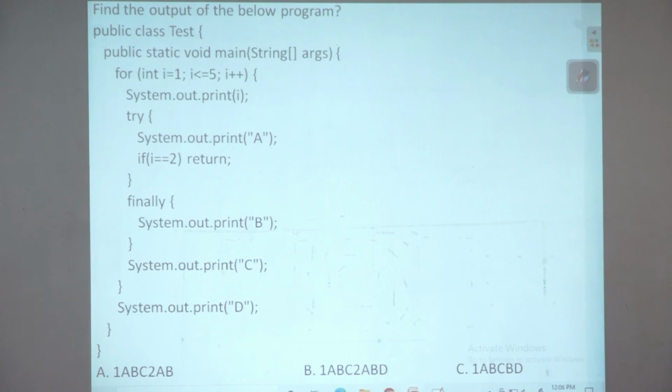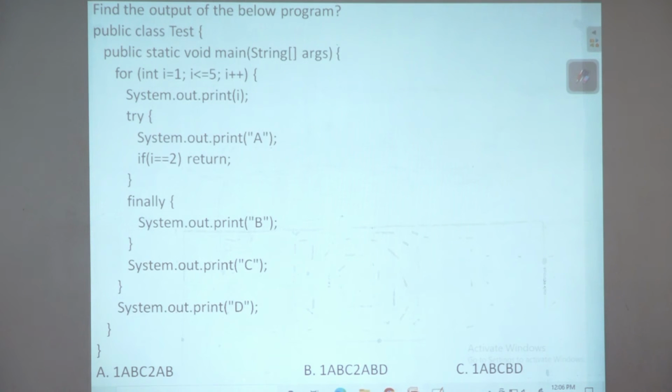Then because there is no exception, try finally is over, and C will be executed, because C is inside the for loop, no?